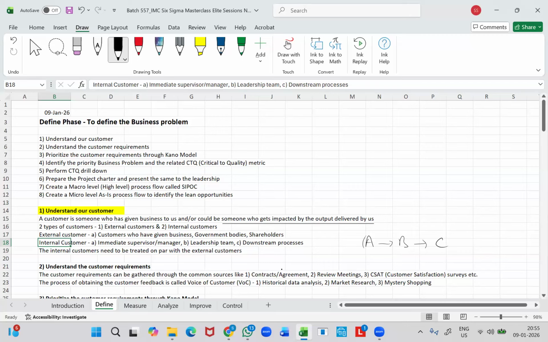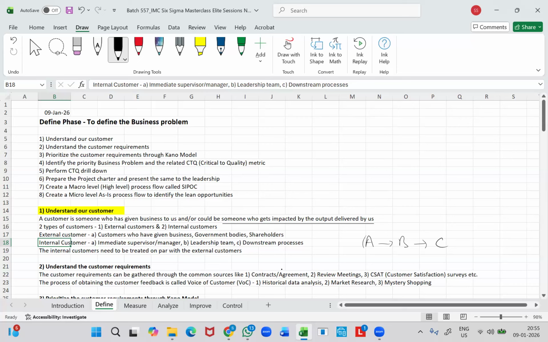So if you really dig deep into it as to why this particular deviation has happened, it will always point to some kind of deviation at the upstream stage of the process. So the upstream processors will take it very lightly because they know that there are so many people down the line.